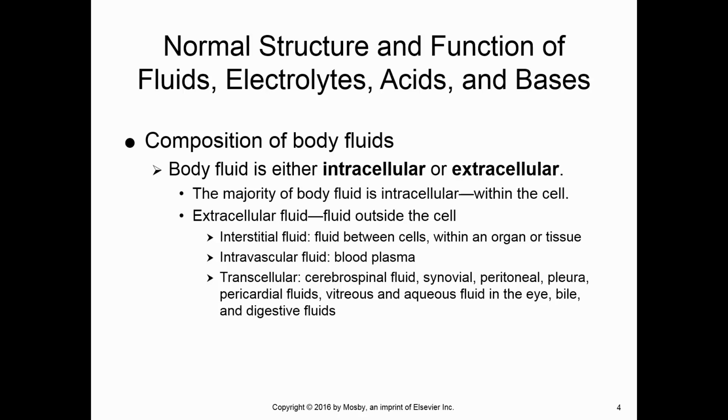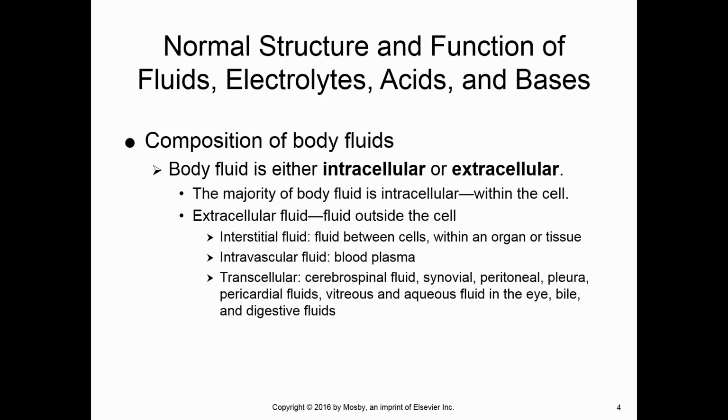body fluids are either intracellular or extracellular, and the extracellular component has the interstitial fluid, so all the fluid between the cells. The intravascular fluid is the fluid in our blood, so the plasma, of course, but intravascular means in our veins or in our arteries.